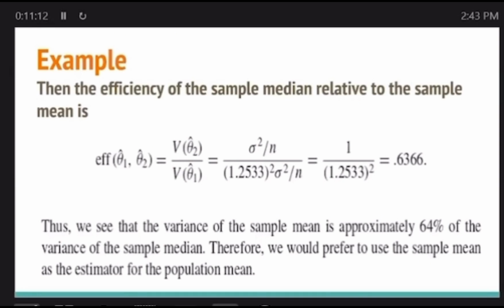I want to figure out an average, and there are three measures of average. We call them three measures of location, or three measures of central tendency: mean, median, and mode. Have you heard about that before? The three of them are measures of average.